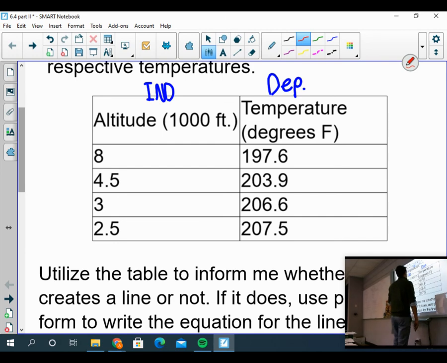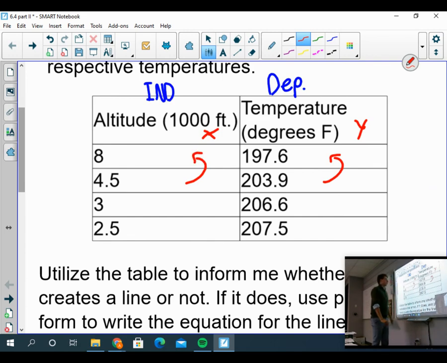Remember always, change in dependent over independent. You could also think of this as the y and this is the x. y2 minus y1 over x2 minus x1. So we got to try the different points to see if there's a consistent slope. 203.9 minus 197.6 divided by 4.5 minus 8.